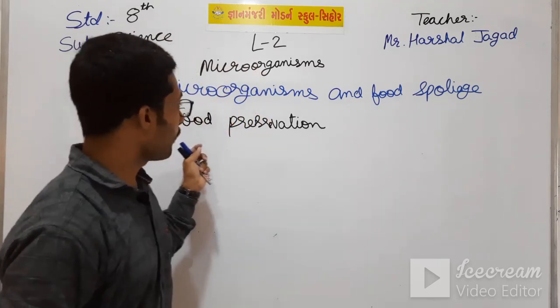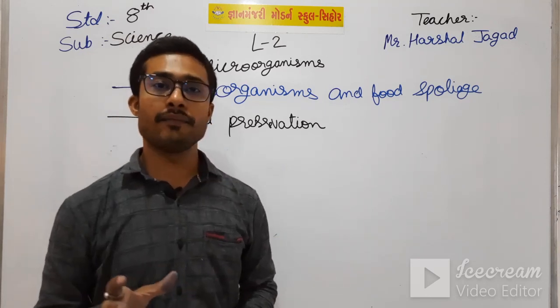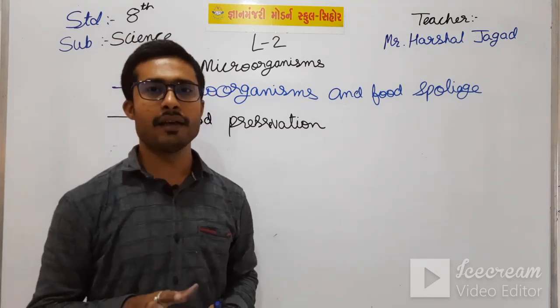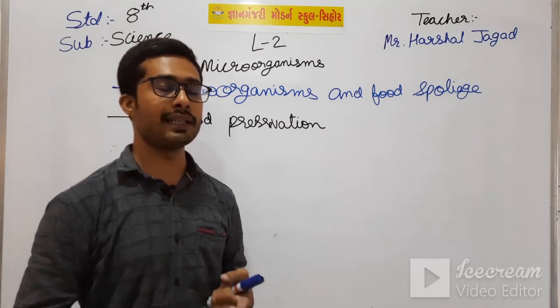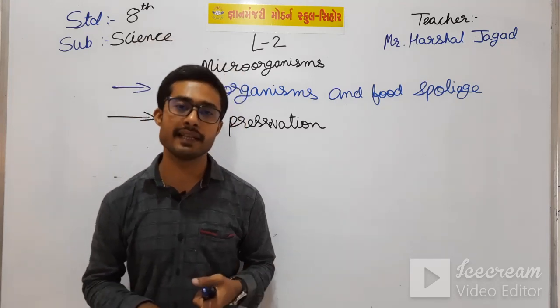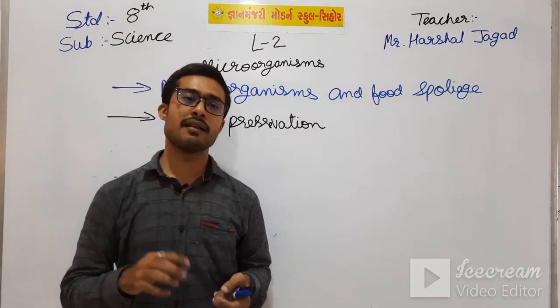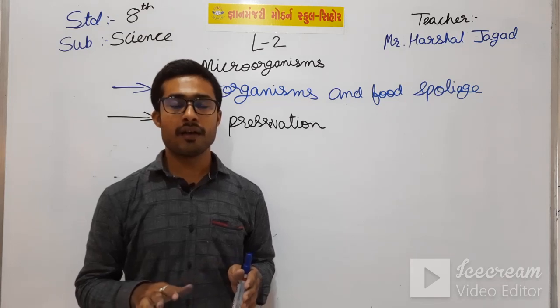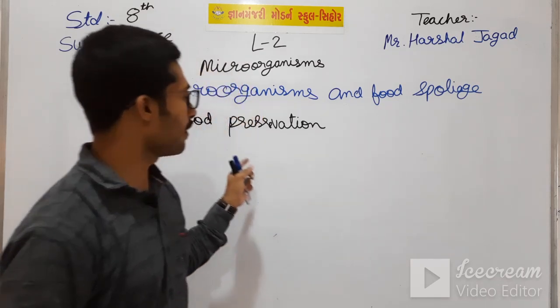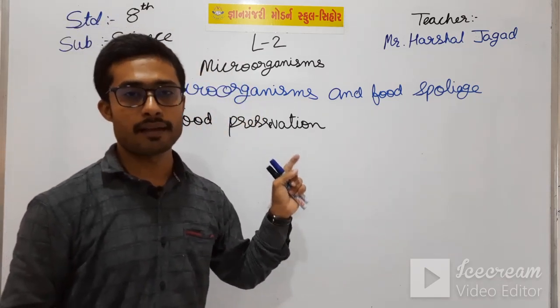Okay, then for food preservation, first of all we have studied the boiling method. If we boil it at high temperature, the growth of all the microorganisms in the food is stopped. Okay students, then that is boiling.